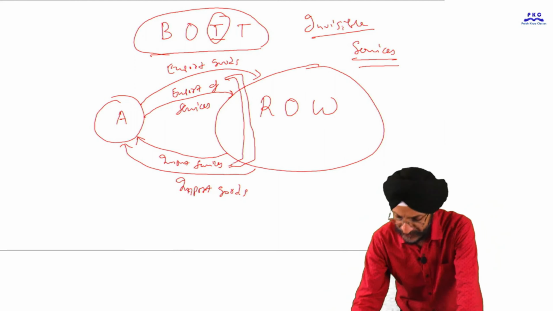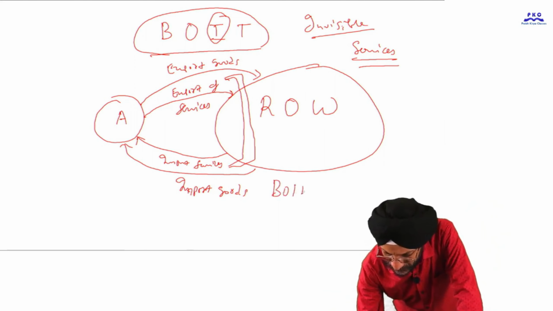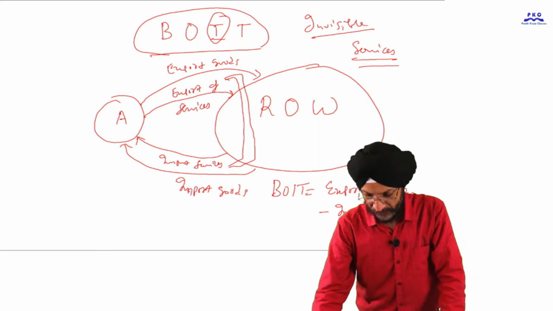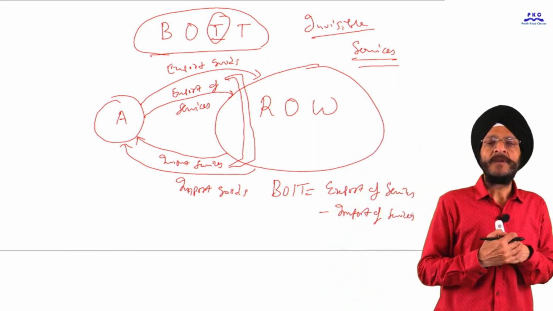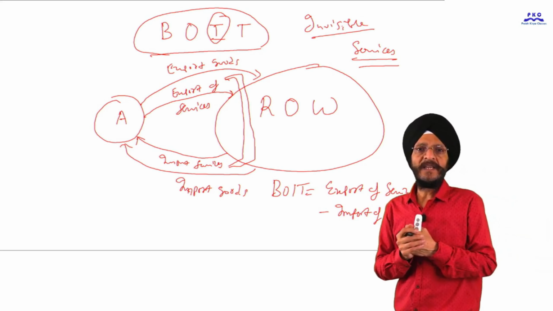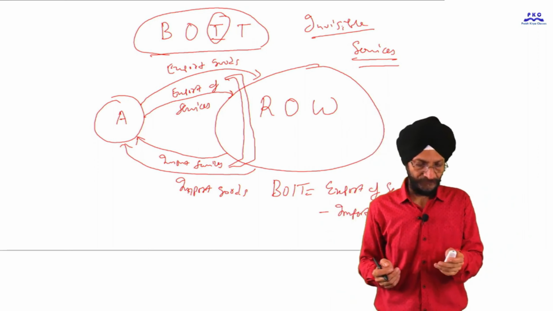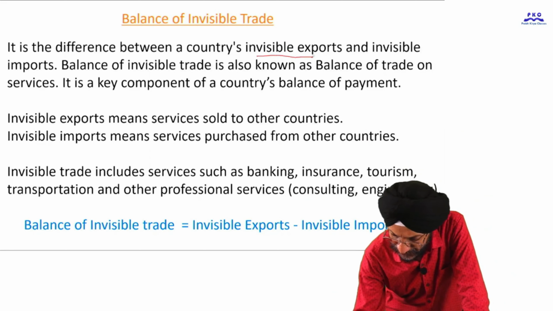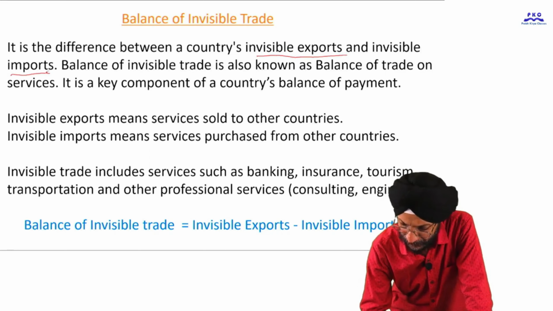Balance of invisible trade is equal to the difference between the value of export of services minus import of services, or value of export of invisible items minus import of invisible items. So it is the difference between a country's invisible exports and invisible imports.